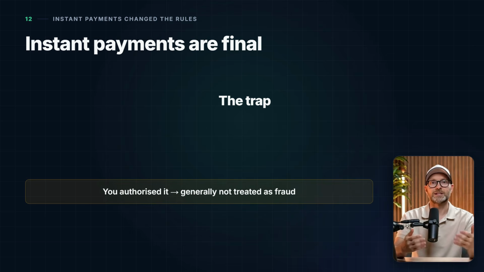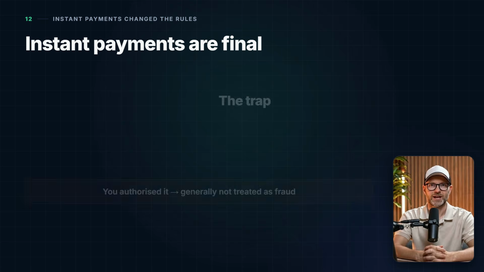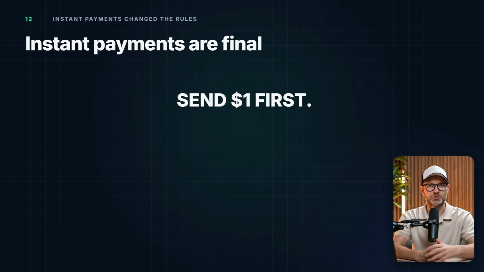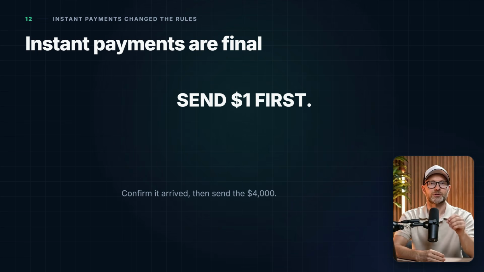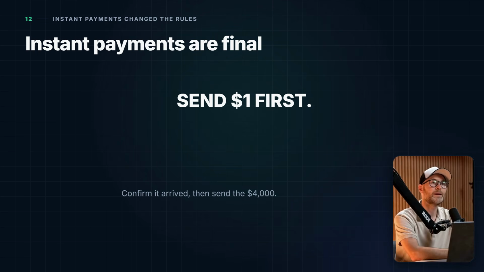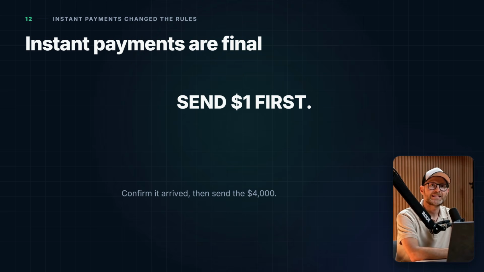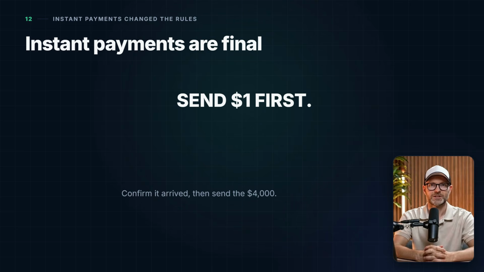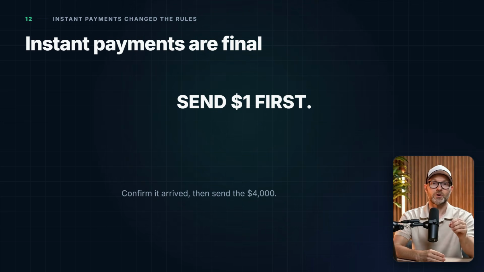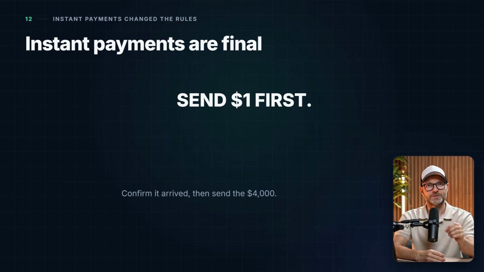Because you authorized it, it is generally not treated as fraud. Regulators have said plainly that these apps usually do not protect authorized transfers, even accidental ones. So the real protection on an instant payment is the 2 seconds before your thumb comes down. Check the number, then send $1 and confirm it arrived before you send 4,000.